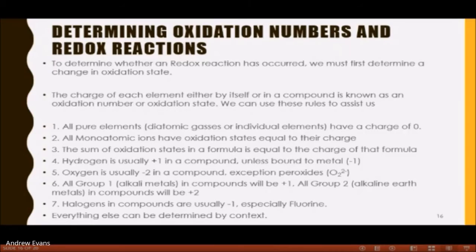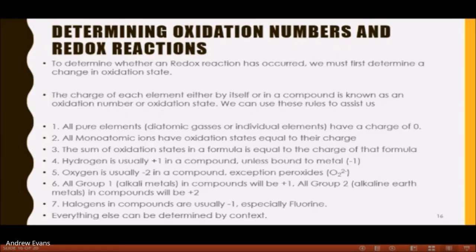If I say O3, ozone, the charge of the three oxygens is zero. Any pure element, which is the element by itself and no other elements, is considered to be zero. We've kind of known that. It's because you can't have a charge if there's no charge, and you can't have unequal sharing if there's nothing to share with.